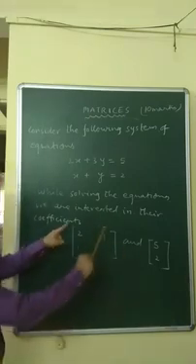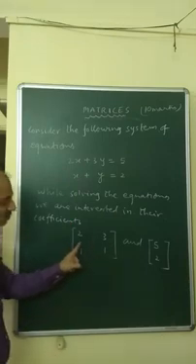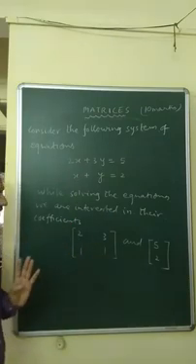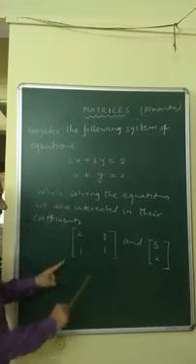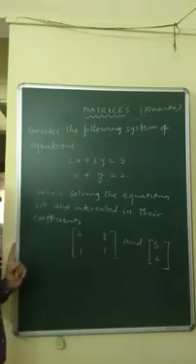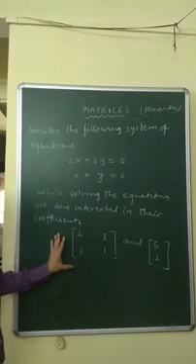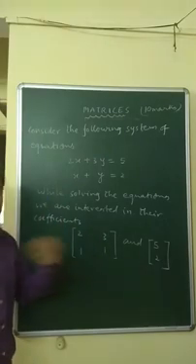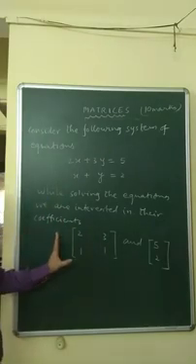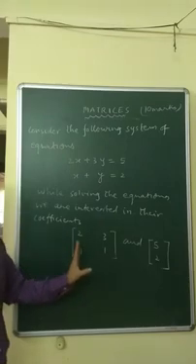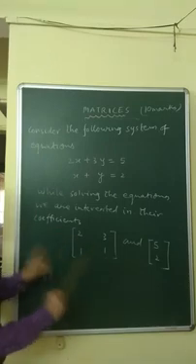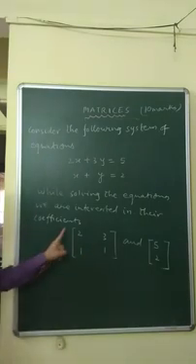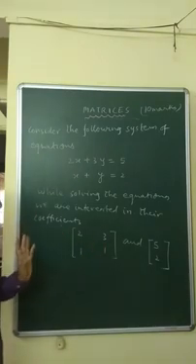This bracket has no numerical value, but this is nothing but an arrangement of numbers in rectangular form. So this arrangement is called a matrix. Matrix is nothing but the arrangement of numbers or objects in rectangular form.